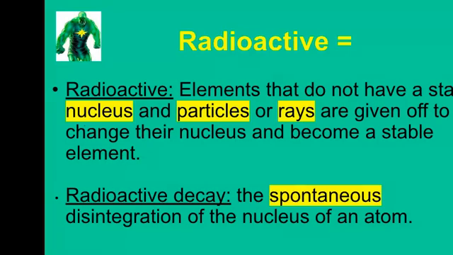Sometimes lightweight isotopes, so that would be the isotopes at the beginning of the periodic table, like things with 1, 2, 3, 4, 5, 6, 7, we call those lightweight isotopes. Some of them are radioactive, but mostly we're looking at all the elements that have an atomic number bigger than 82. Those are all radioactive, because they're so big, right?